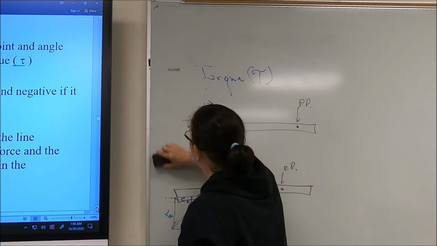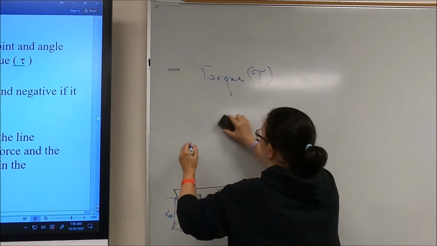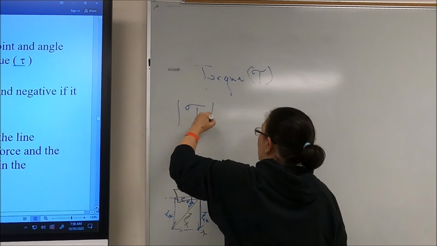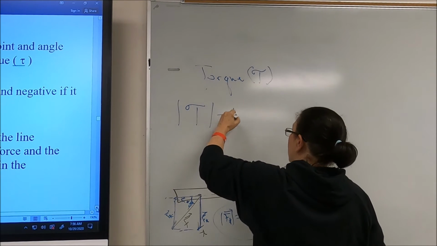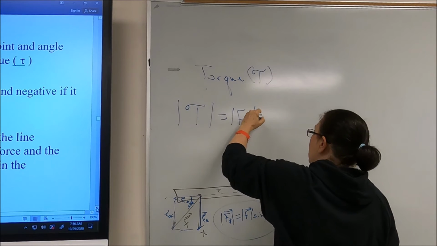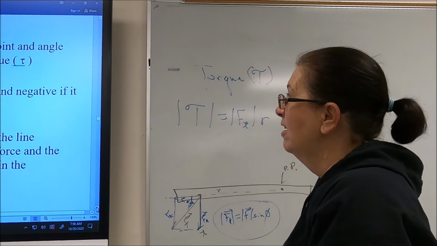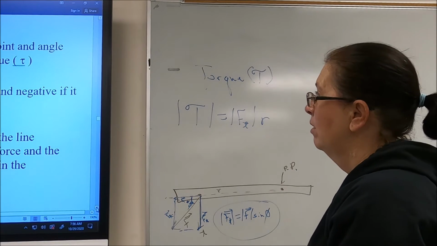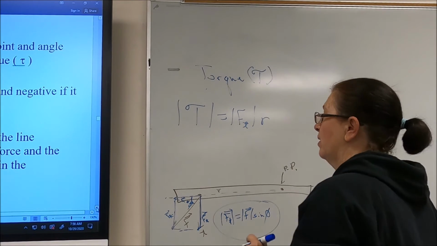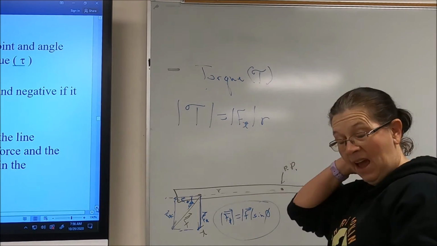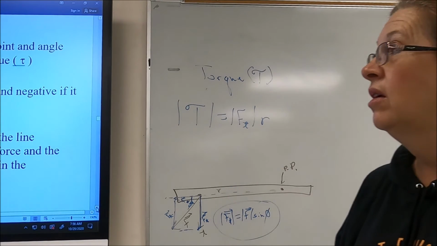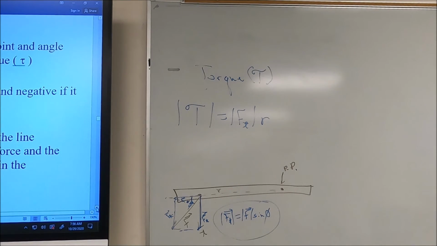The magnitude of a torque is equal to the magnitude of F sub t times r, the distance from the pivot point. If it causes a counterclockwise rotation, torque is going to be positive. If it causes a clockwise rotation, torque is going to be negative.